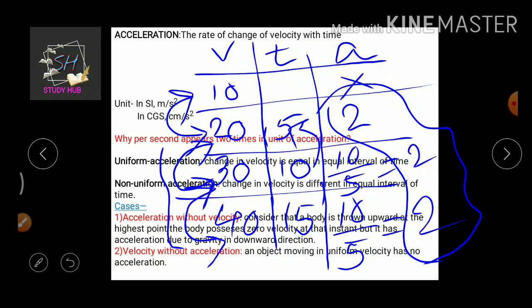That means this object is moving with uniform acceleration. If these differences were varying, suppose if it is 40, then the acceleration must be 40 minus 20, that means 20 upon 5, because the time interval is 5, so it becomes 4.